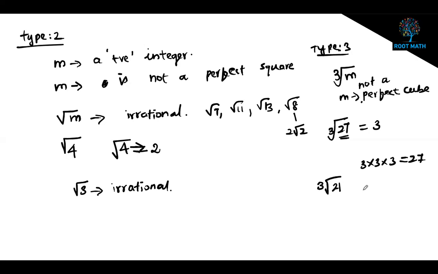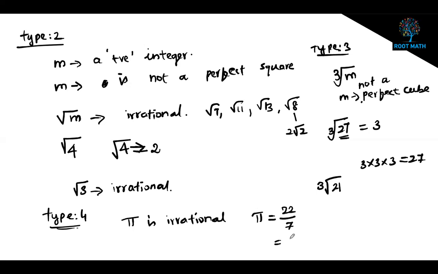Then another type, type 4, which is pi. We know that pi is an irrational number. How is pi irrational? We know that pi can be written in the fractional form 22/7. In decimal form, it is 3.14 and it keeps continuing.